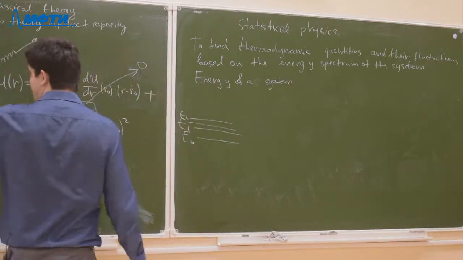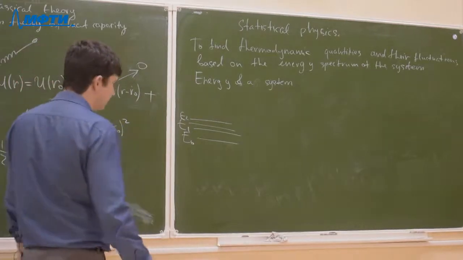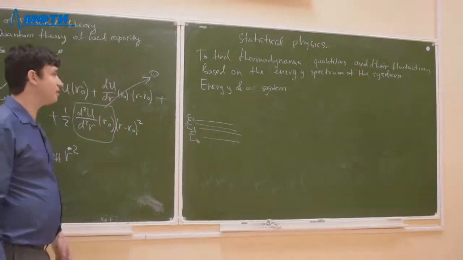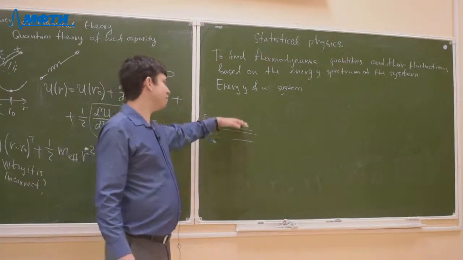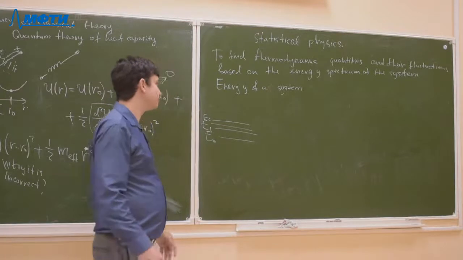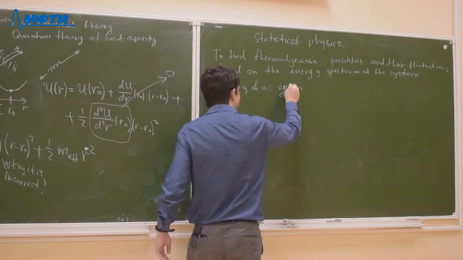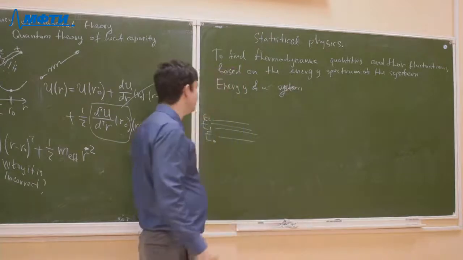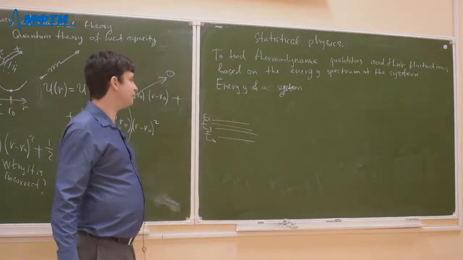The continuous spectrum, which is presented by previous formulas, is one of the particular examples of energy spectrum. But for many systems, there are also discrete levels. So first of all, we consider a system which has a discrete energy spectrum.